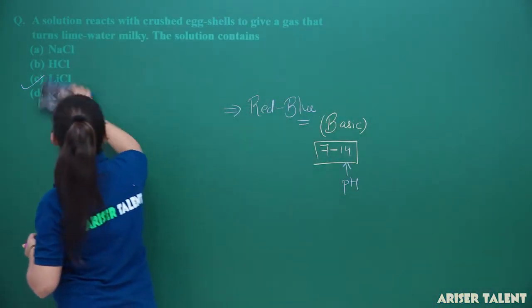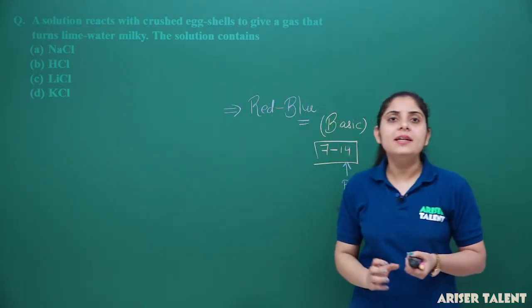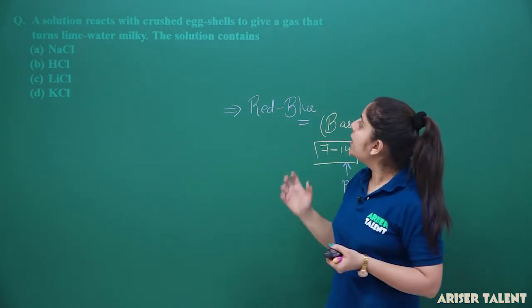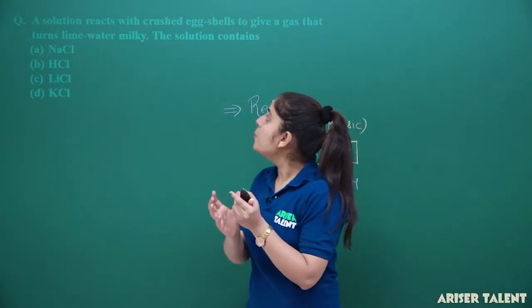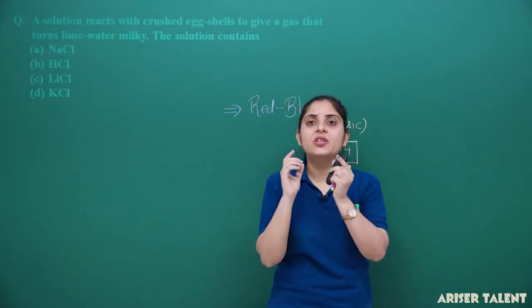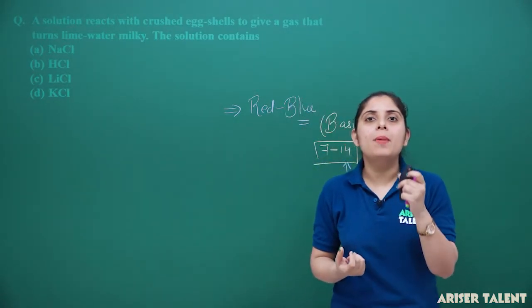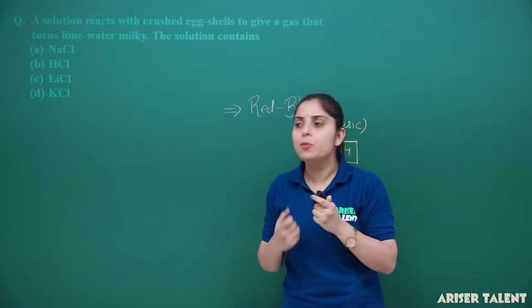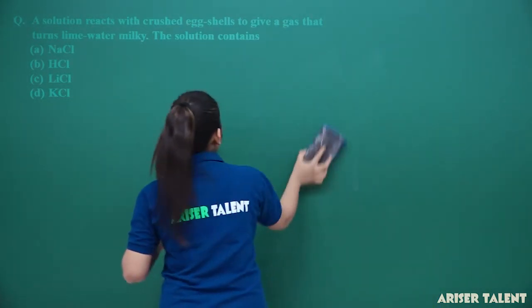A solution reacts with crushed eggshells to give a gas that turns lime water milky, and the solution contains. Now, what happens in this case? We are provided with crushed eggshells, and we know that the eggshell is basically made of a compound known as calcium carbonate.